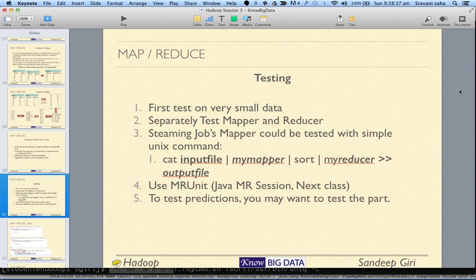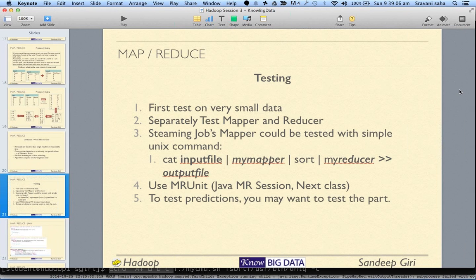Let's take a case of my recommendation engine. We built a recommendation engine on top of, say, 1 billion records, on which we had to give the recommendation. What does it mean by recommendation? We had user ID, product ID, and how much this user ID likes this particular product. That was the third column called rating.